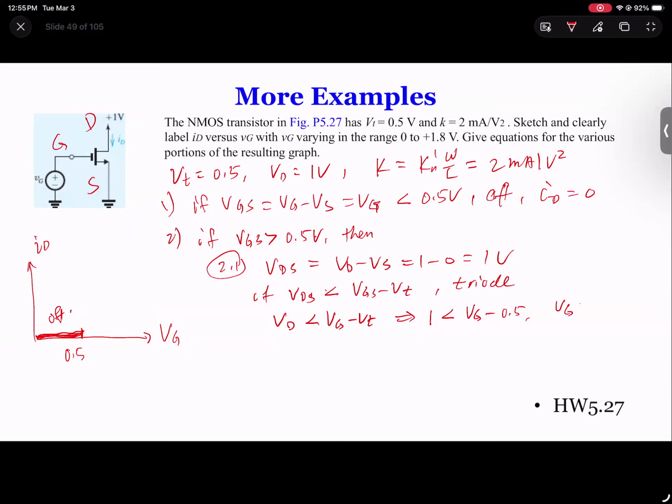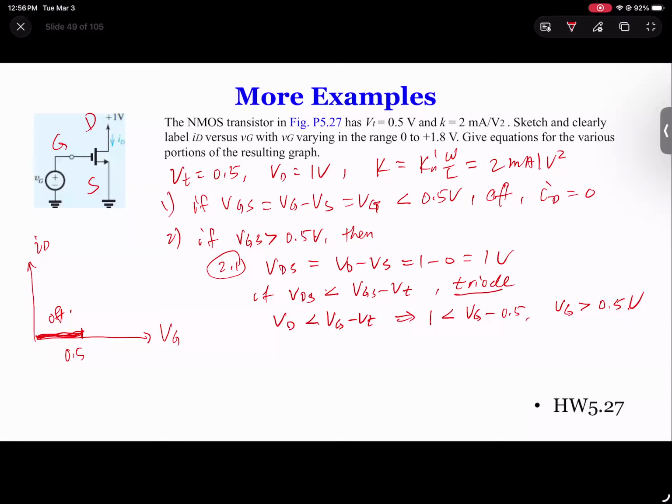So that means if VG is larger than 0.5, VDS less than VG minus VT, VGS, VG minus 0.5, VD is 1. So if VG is larger than 0.5, it goes to triode mode.